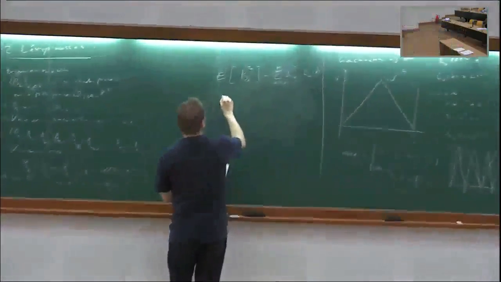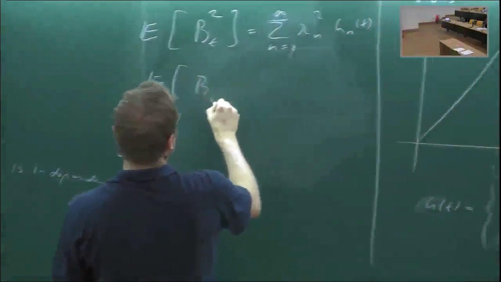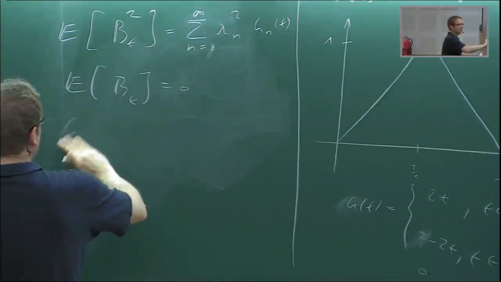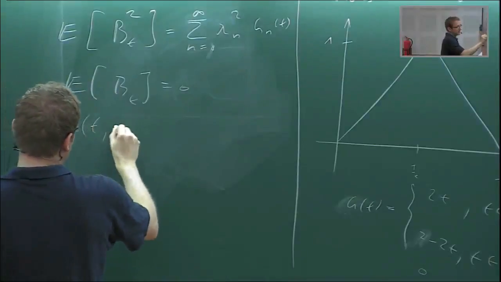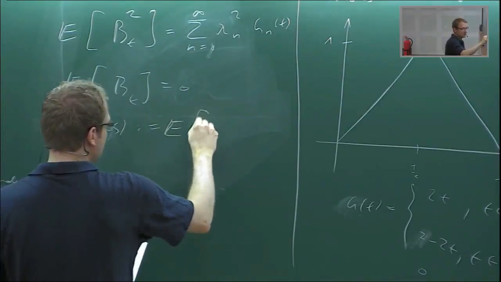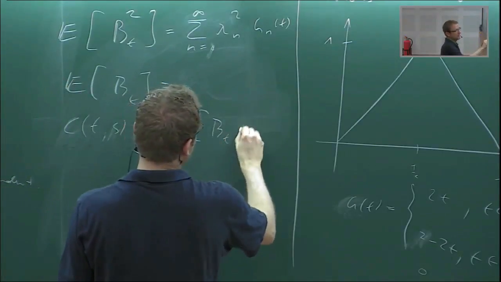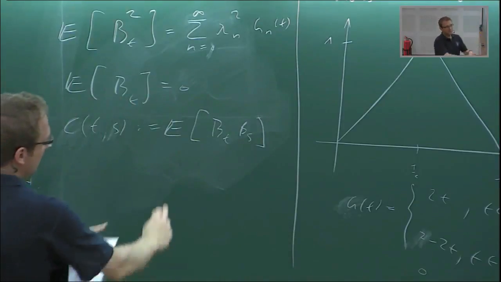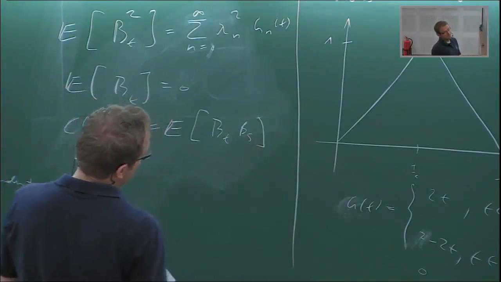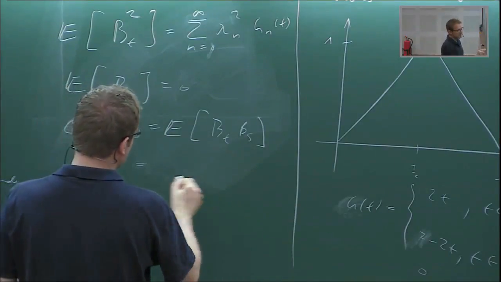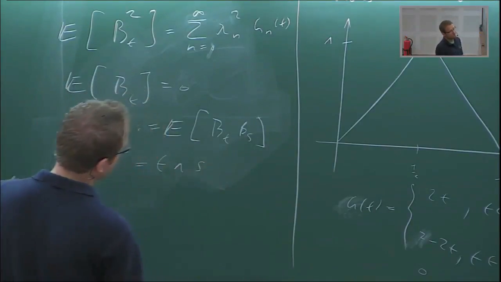Then we have that the expectation of bt is always 0, and we can find the correlation function, which is defined as the expectation of bt bs. So the expectation of this is something very well known. This is the minimum of t and s.